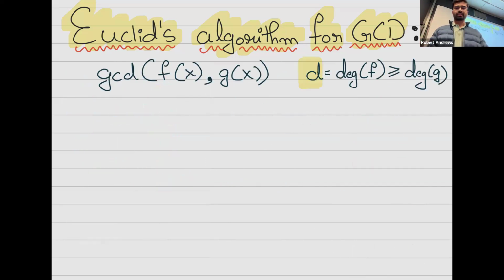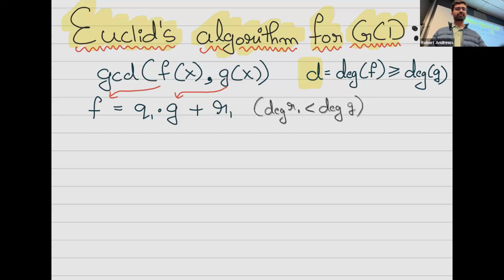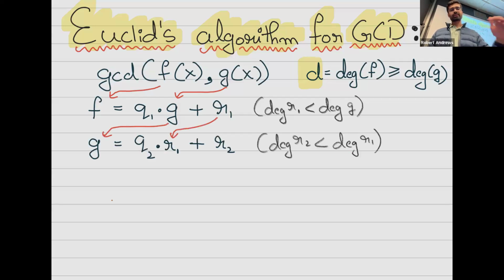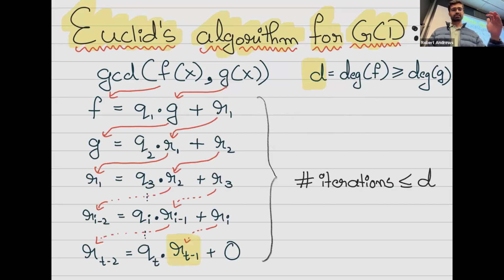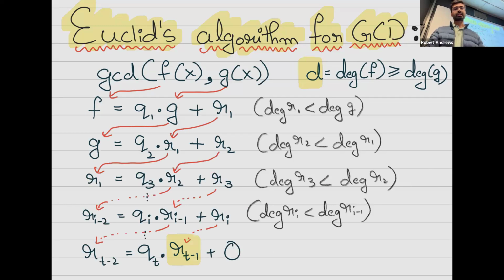If I want to know how long this algorithm runs, explicitly write down what it looks like: a sequence of polynomial divisions with remainders until I see a zero remainder. At each stage, the degree of the remainder will be less than the degree of the previous remainder.